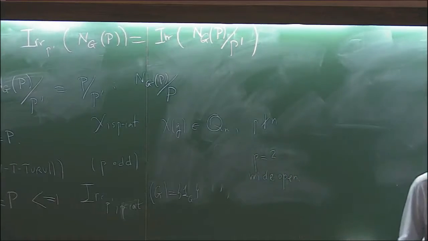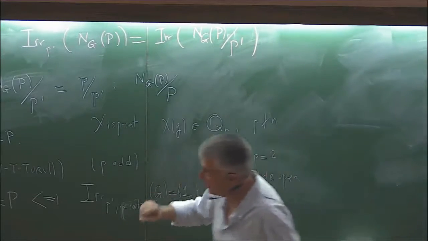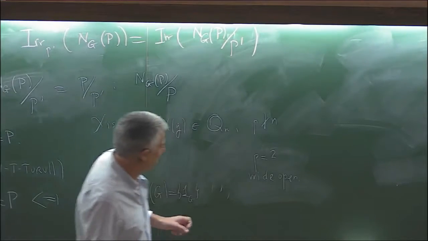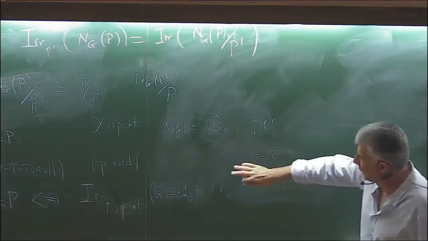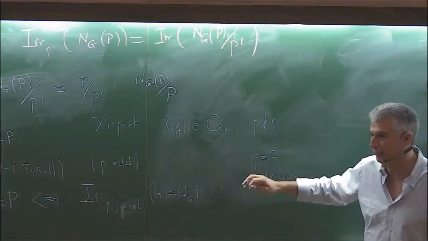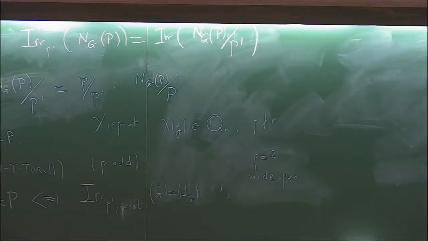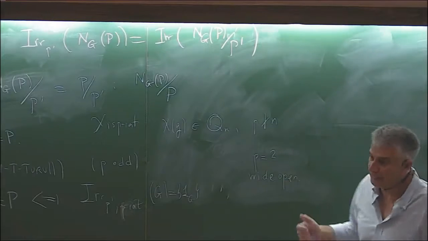So there is a difference between the McKay conjecture and the Galois version. I mean, for P equals 2, now we know that this is true. However, we don't know, for instance, about a similar statement for P equals 2, but right now it's not possible to do it, because right now it's not known how the Galois group acts on the characters of the simple groups.